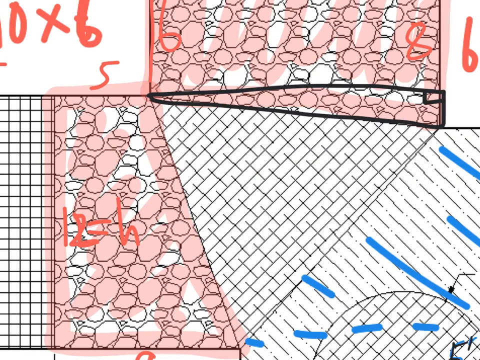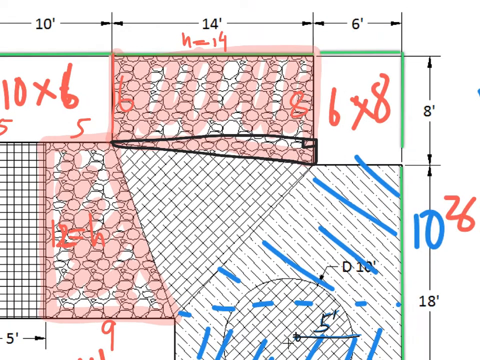With this right triangle, we know that this distance is 6 and this distance is 8. So this guy is 2 and this is 14. And this is C. So 2 squared plus 14 squared equals C squared.